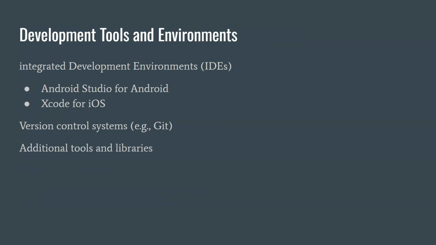These IDEs provide a comprehensive suite of tools for coding, debugging, and testing your apps. Additionally, familiarity with version control systems like Git is really crucial for managing the code base and collaborating with others.